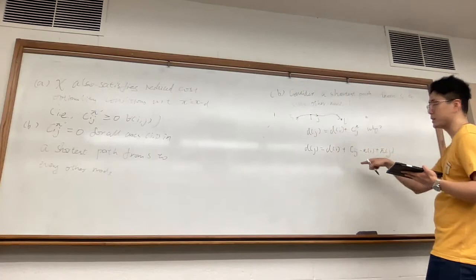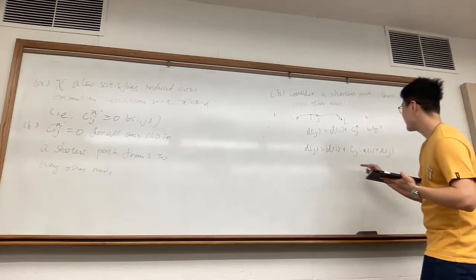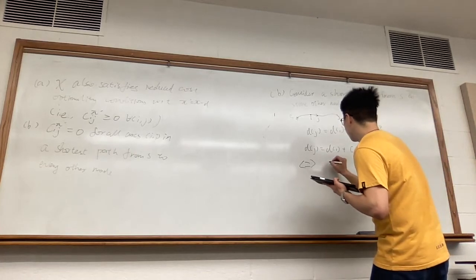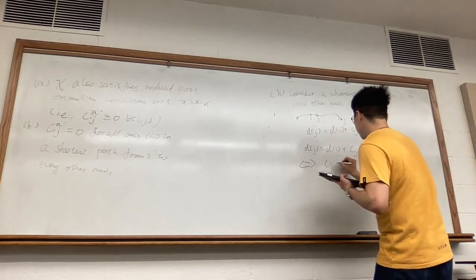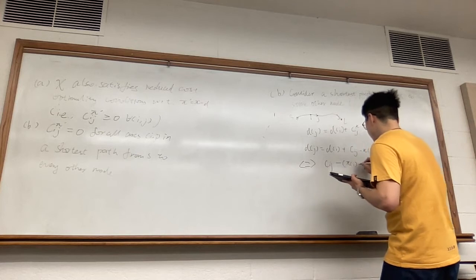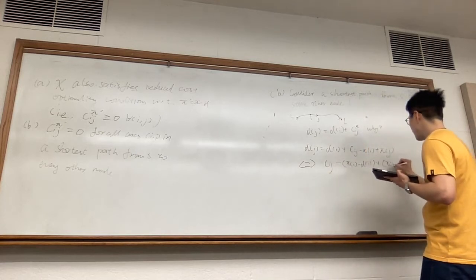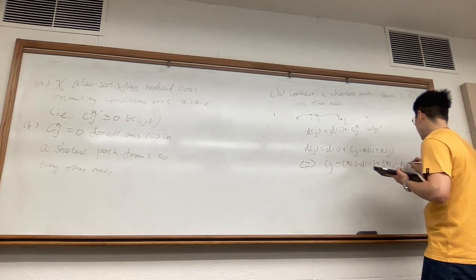This is something that we have just talked about, right? That's to say, this is equivalent to saying Cij minus pi I minus di plus pi j minus dj.